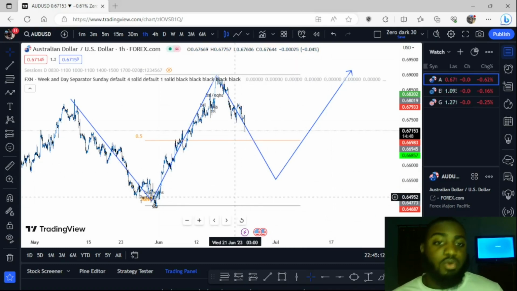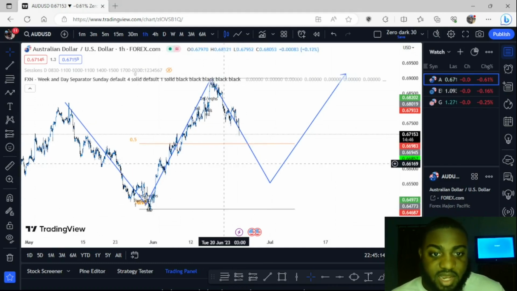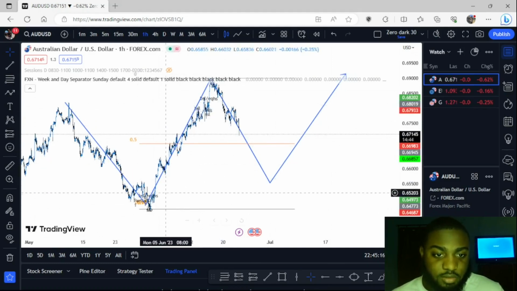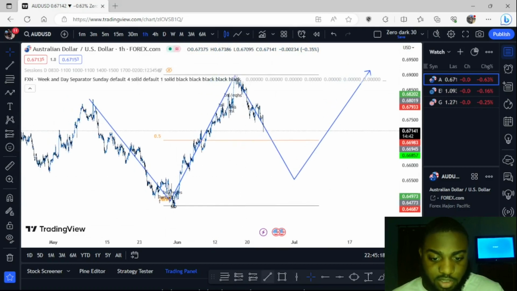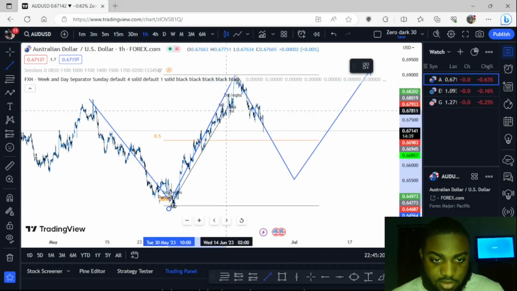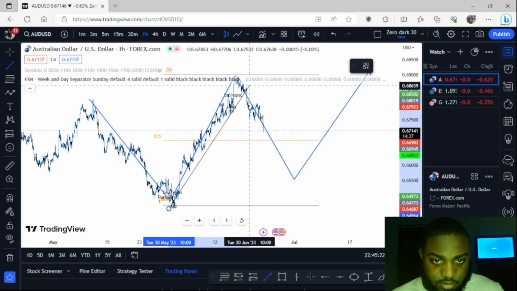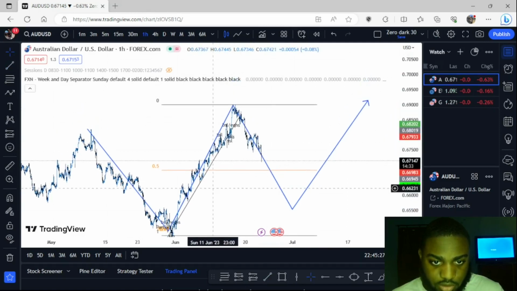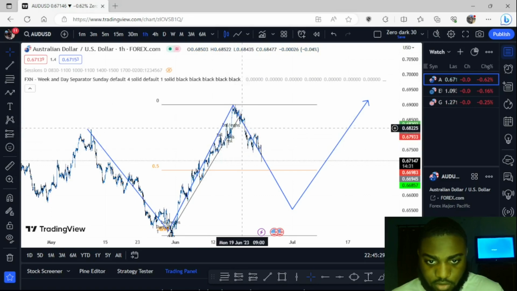But the point is that this is interior liquidity. I was telling you guys about that trend line. This is interior liquidity. This is trend line liquidity. See? Look, it stayed on the trend line and then it broke it.